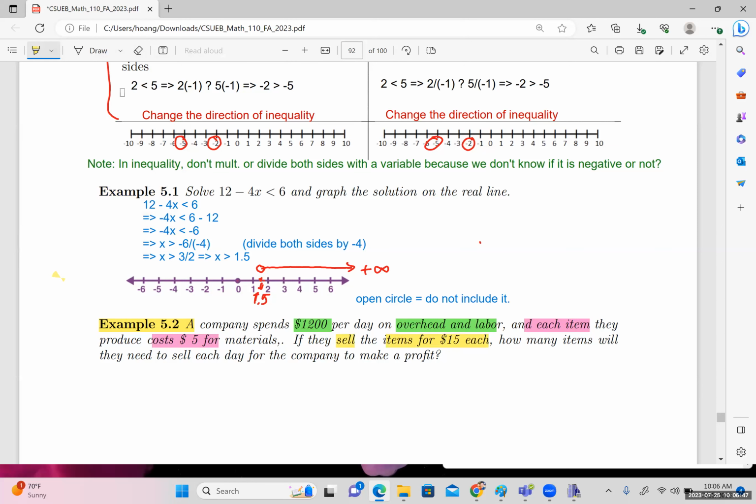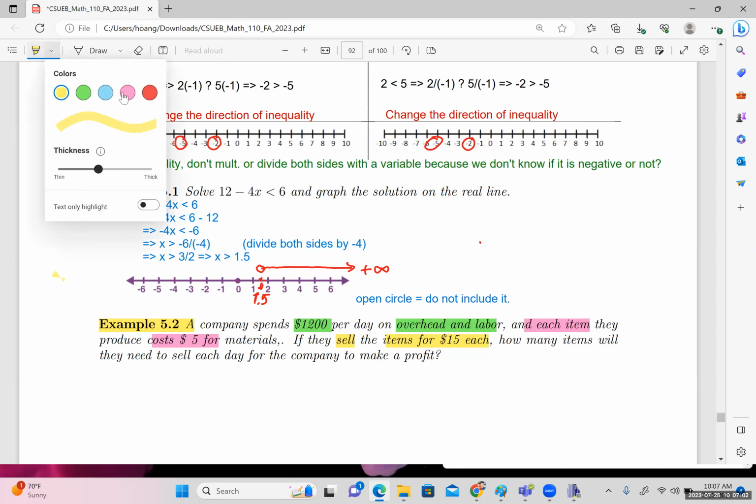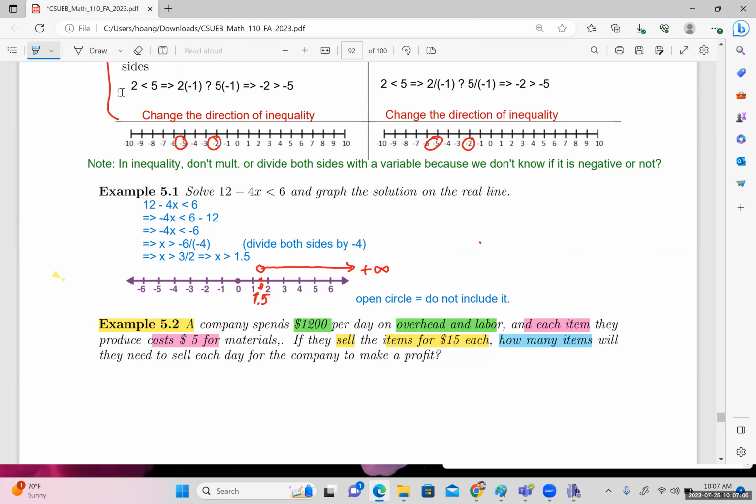How many items will they need to sell each day for the company to make a profit? Okay, since they ask us how many items, right? How many items will they need to sell to make a profit?